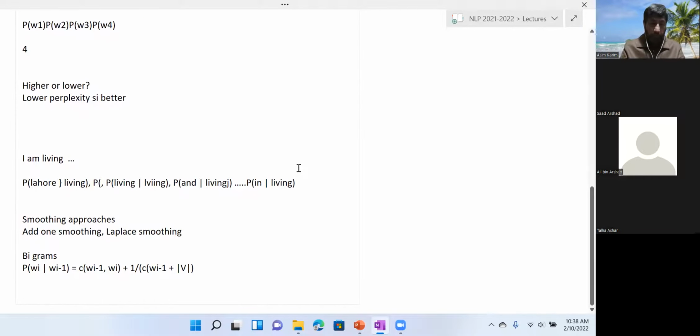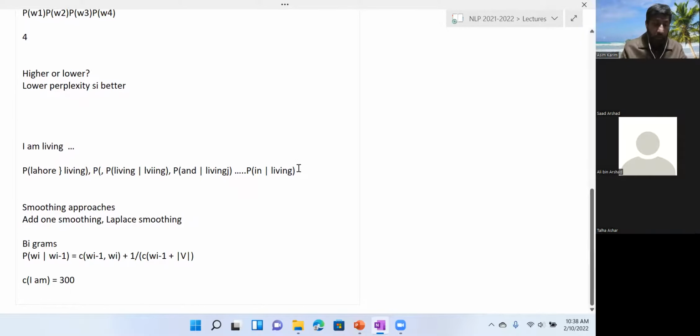For example, we talked about the 2D bigram matrix. Let's say you have the bigram I am, and let's say its original count was 300.